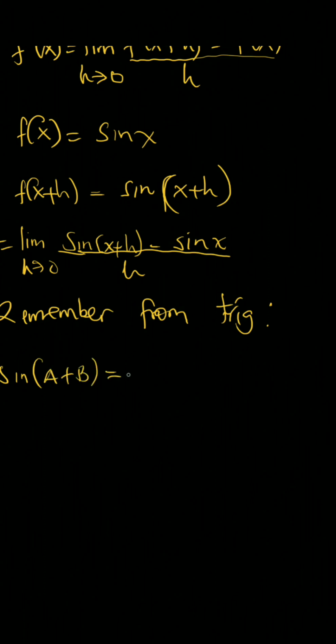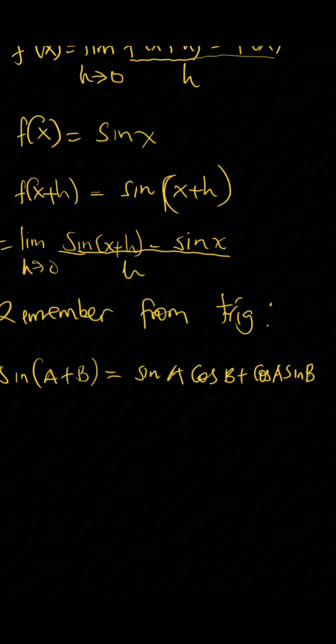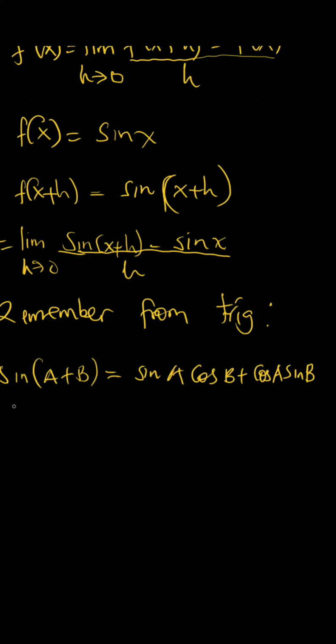What you simply obtain is sine of the first angle a multiplied with cos of the second angle b, then you say plus cos of the first angle a multiplied with sine of the second angle b. So this is the same concept that we're going to use on sine x plus h.